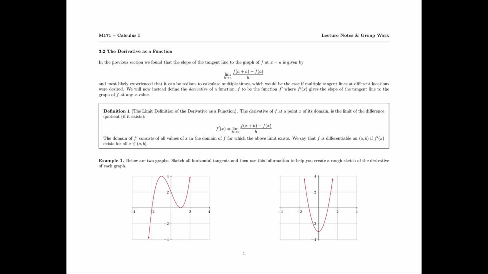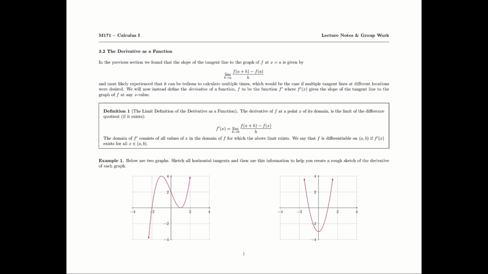Effectively, what we were talking about in the last section was the derivative, but we were not using the word derivative yet. So let's compare these two definitions. The only difference is that instead of a specific, fixed point x equals a, or a static point, we now think about what if we just let this be x, a variable.